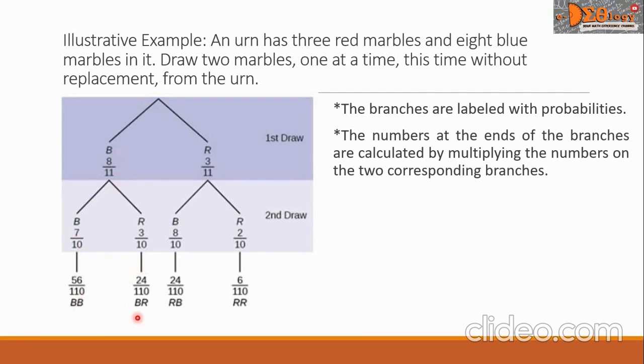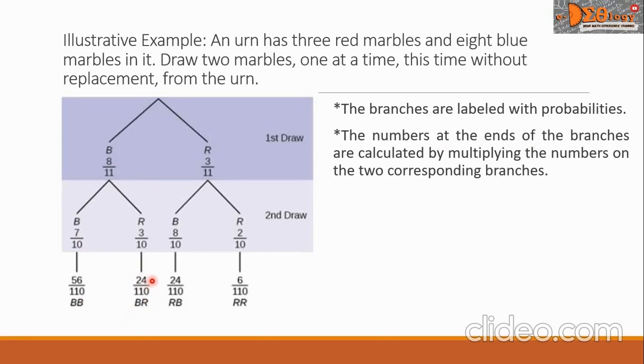The second probability here is 24 over 110, and this is BR. This is the probability when we have B, meaning blue, in the first draw and R, meaning red marble, in the second draw.